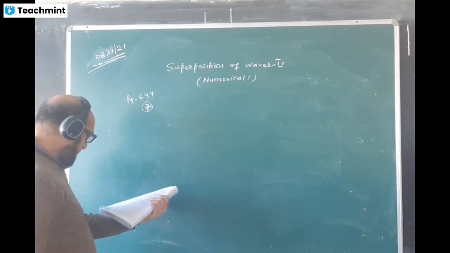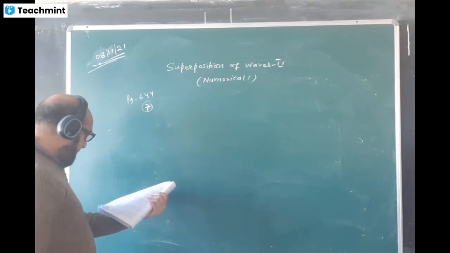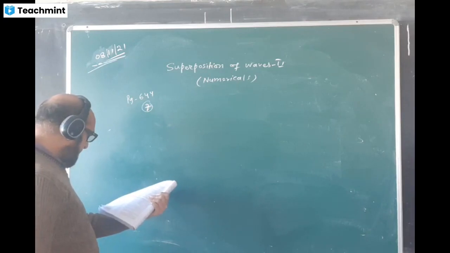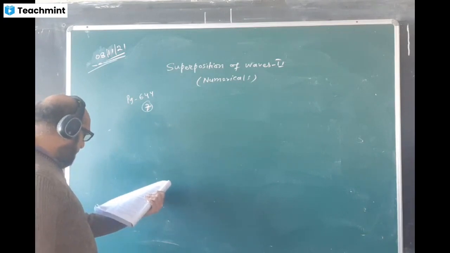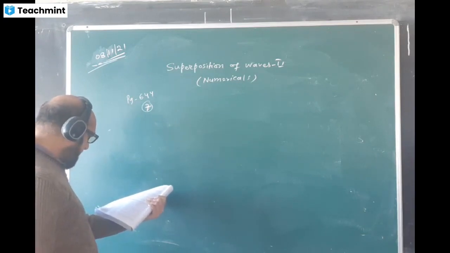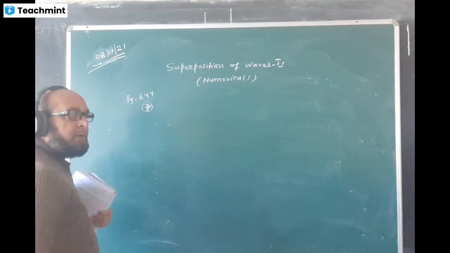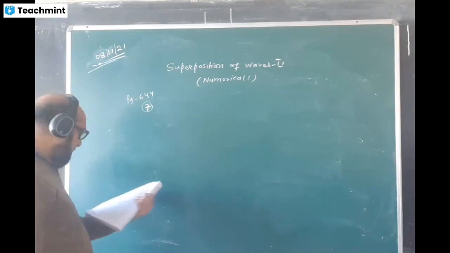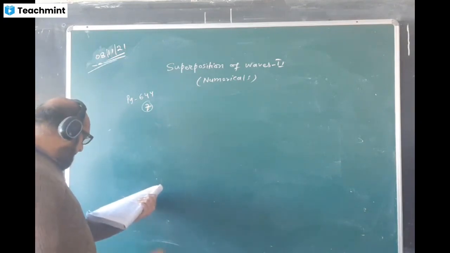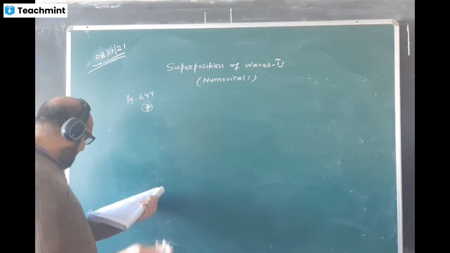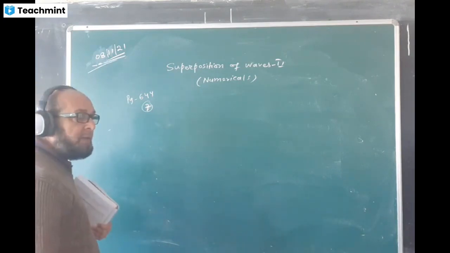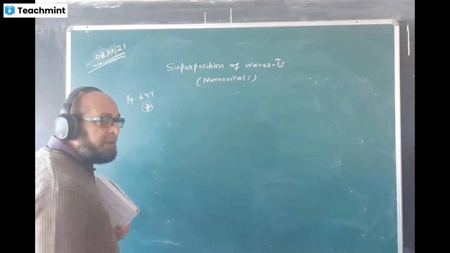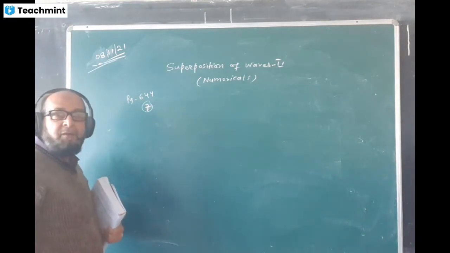Okay. There are two wires, two strings. One is A, one is B. The string B has double the length, double the diameter, double the tension, and double the density of string A. And string A is having fundamental vibrations.